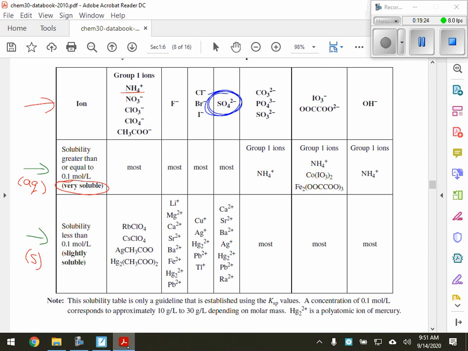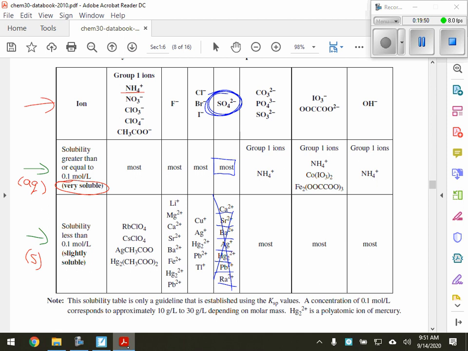Where does aluminum 3+ fit? Does it fit in this "most" category right here? There's "most," okay? Or is it one of the ones listed down here? Do you see aluminum 3+ anywhere here? No. So if it's not down here, it has to be in the other part, yes?